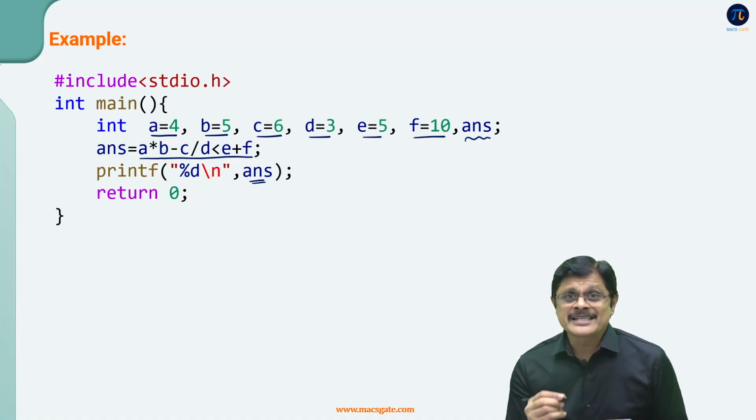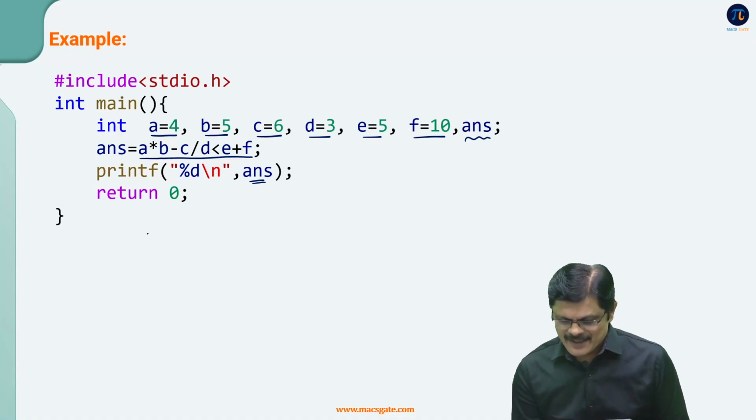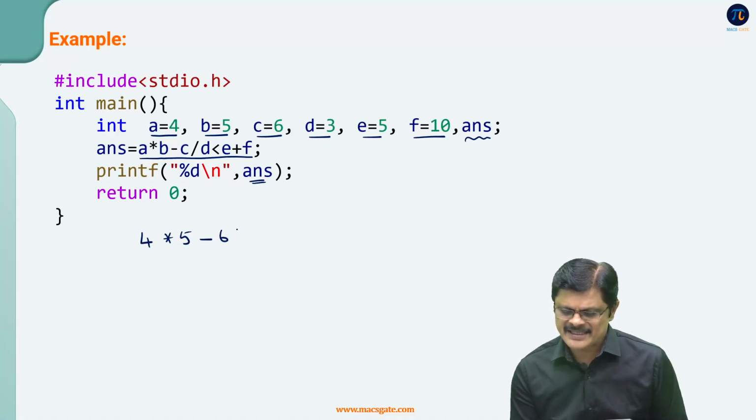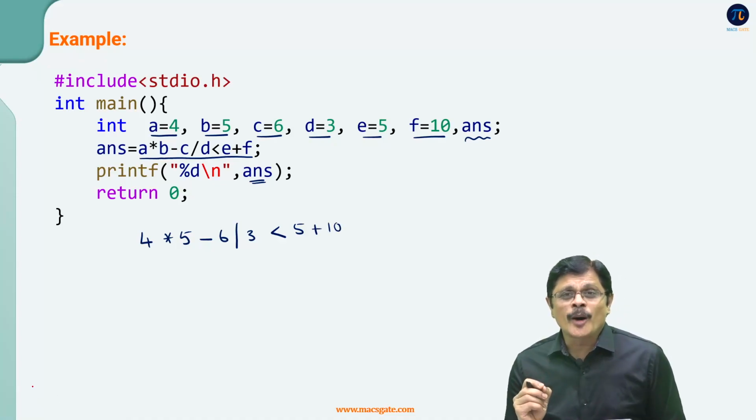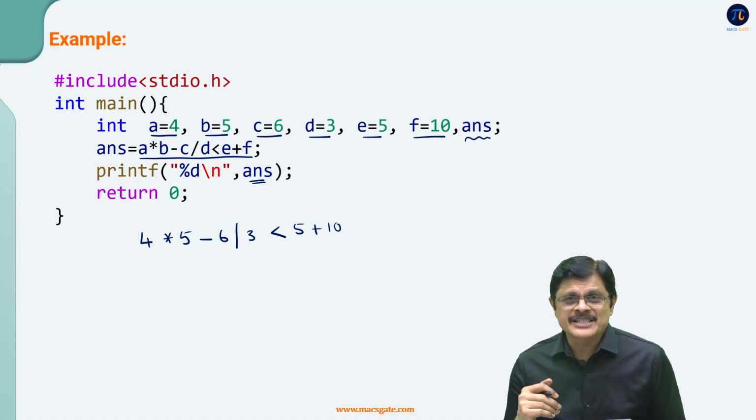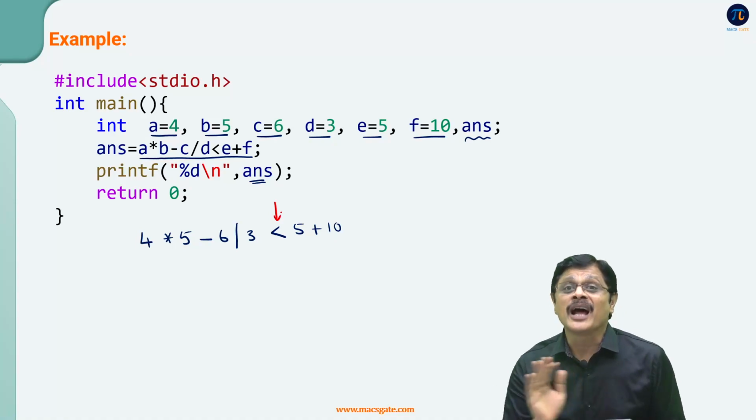Now first of all, let us evaluate the expression and see what is the value of ans. So A is 4 star B is 5 minus C is 6 divided by D, that is 3, less than E, that is 5 plus 10. Dear friends, the relational operator has lower precedence than arithmetic operators. So this is performed last.